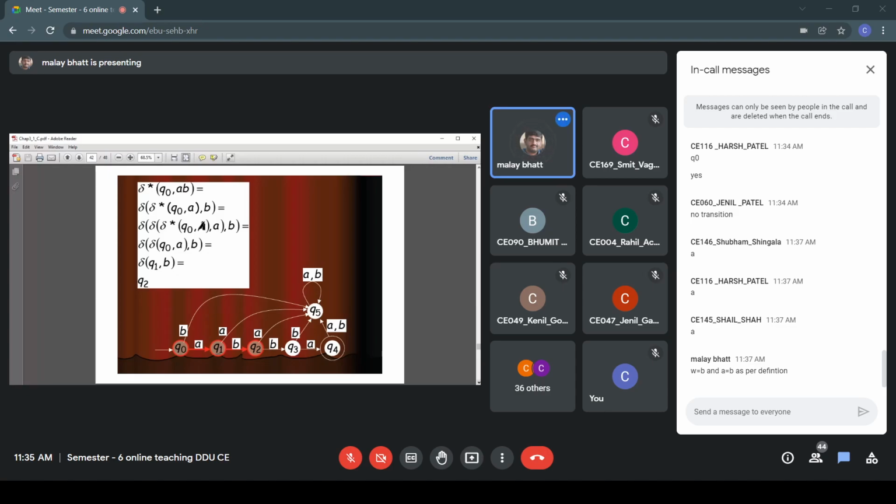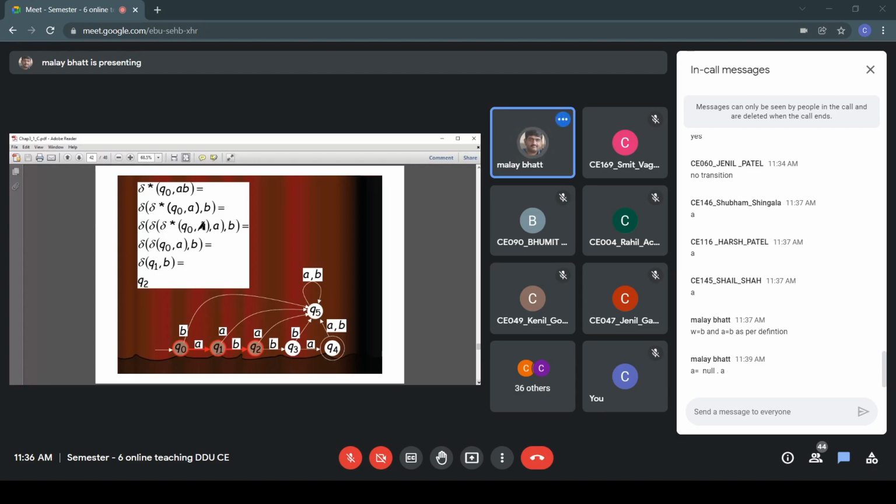Here we have only one symbol left, so we assume that w equals null, and now we have null into a. We assume that it is null into a. Now we have more than one symbol, so we can again apply the definition of delta star.